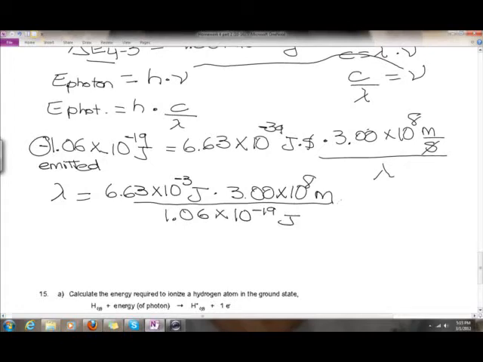And that gives you a wavelength of, we're doing 4 to 3, right? You can double check my calculation, 1.88 by 10 to the minus 6 meters. And this is infrared.